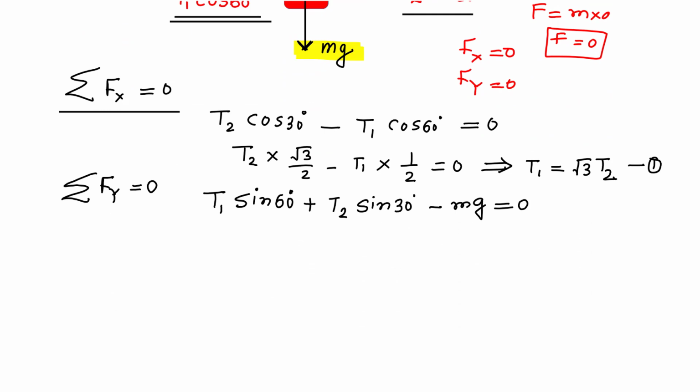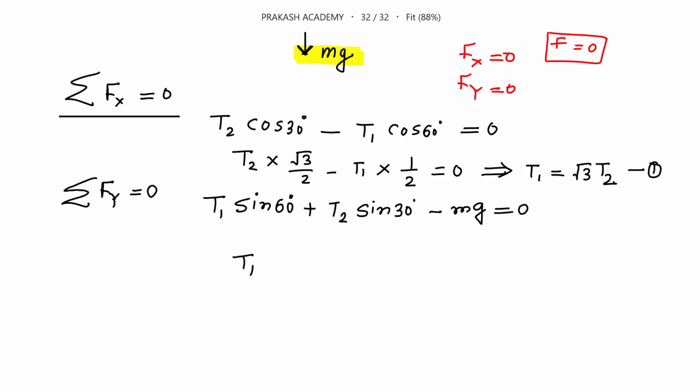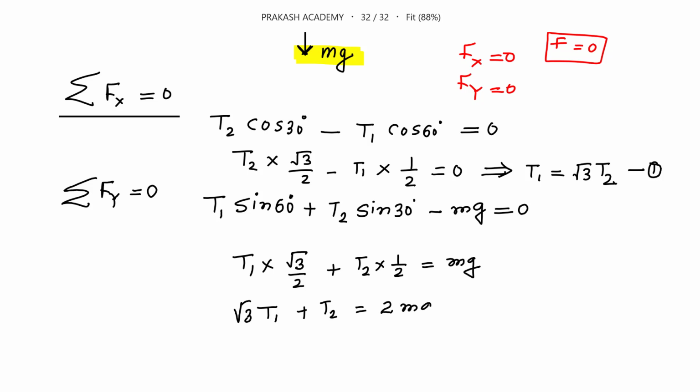So now you can solve for T1 and T2. T1 sin 60 is root 3 by 2, plus T2 sin 30 is 1 by 2, equal to mg. So from here I can say root 3 T1 plus T2 is equal to 2 mg. Now I have two equations and two unknowns, T1 and T2.